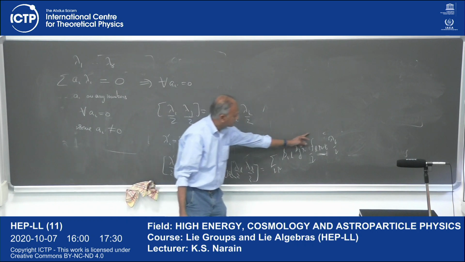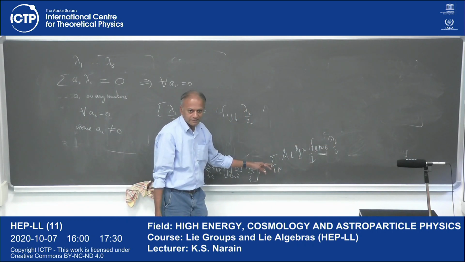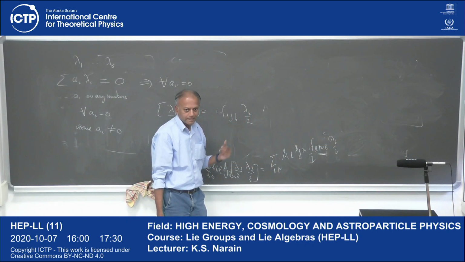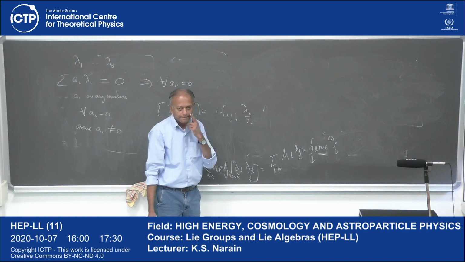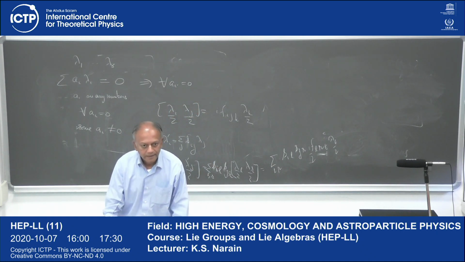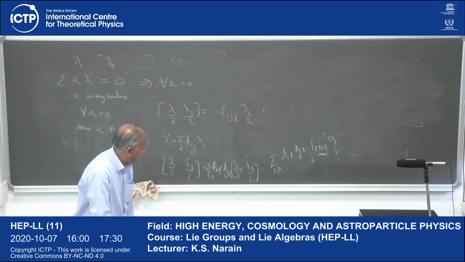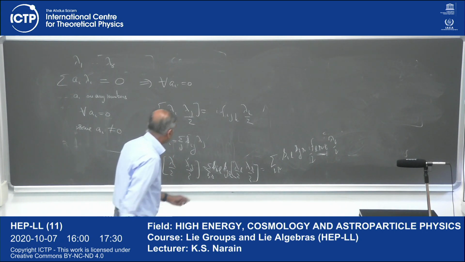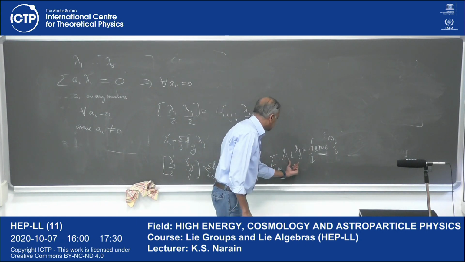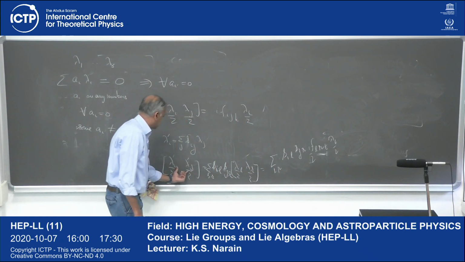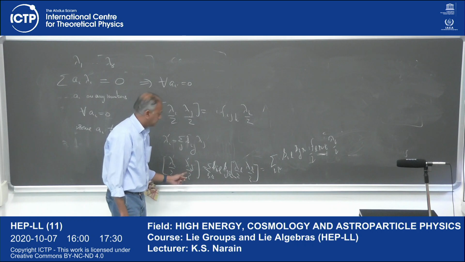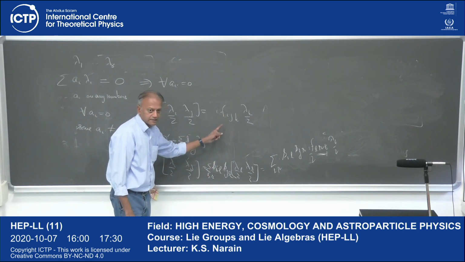So now the new f's are pretty complicated compared to the previous ones. It is not necessarily totally anti-symmetric. It will certainly be anti-symmetric in these two indices, ij, but not totally anti-symmetric.